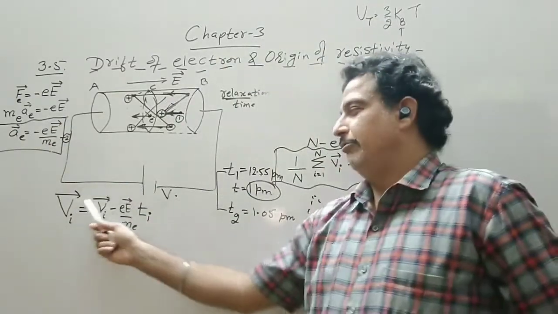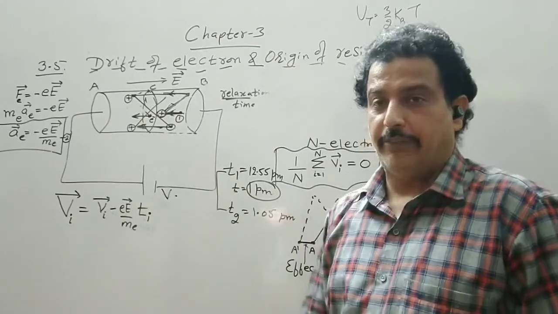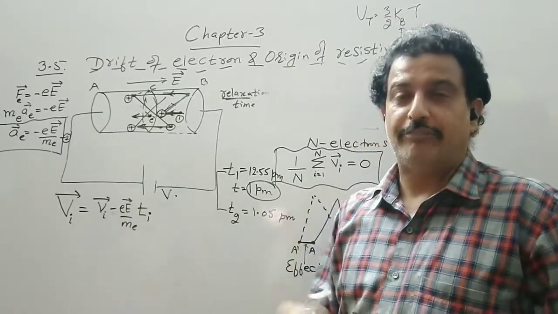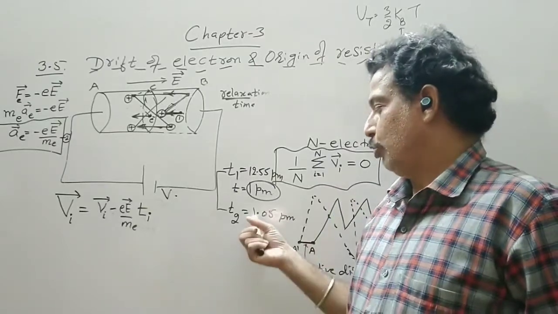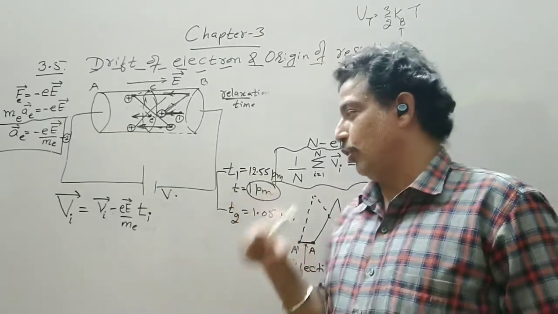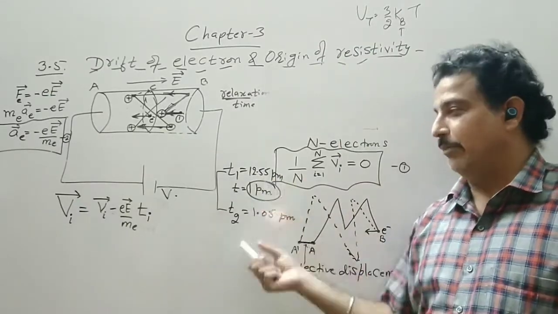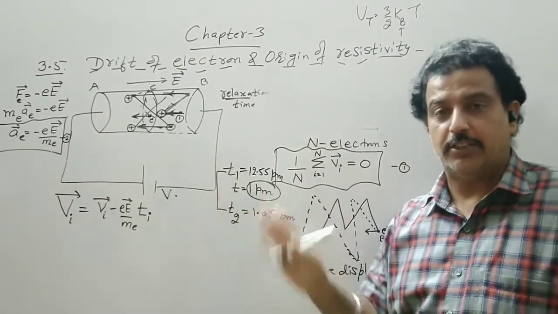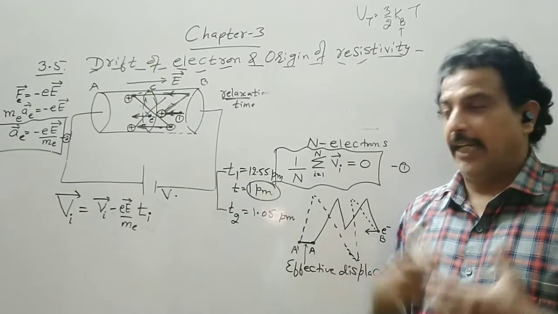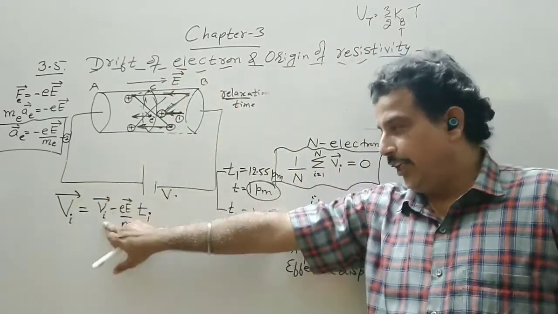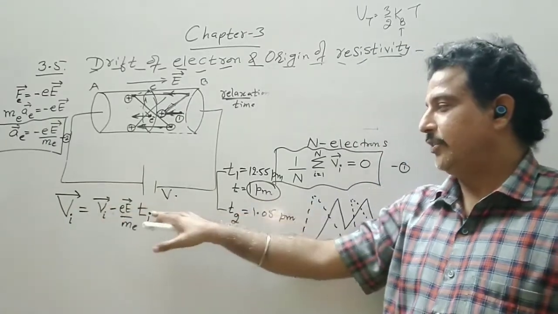So V1, T1. If I say what is T1, it is the time elapsed after the first collision. So this was the first collision, this was the second collision. So the time elapsed after the first collision is 10 minutes. So we will call it the relaxation time. Then for another electron, V2, T2.